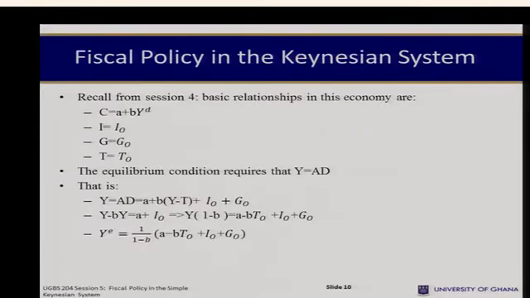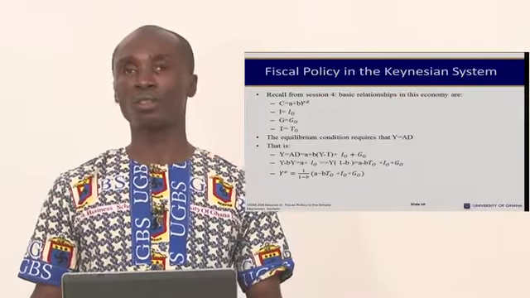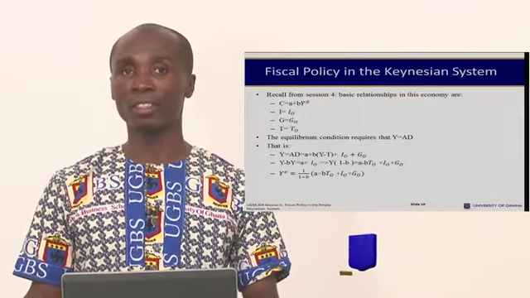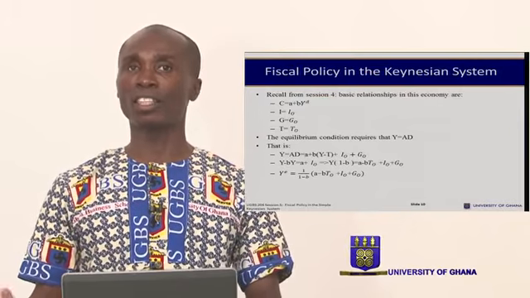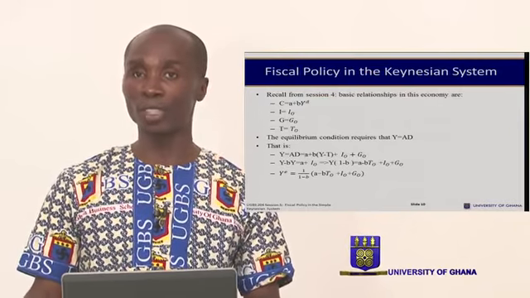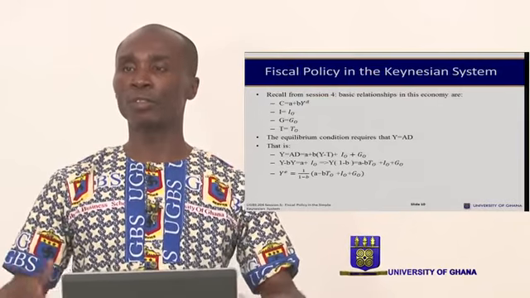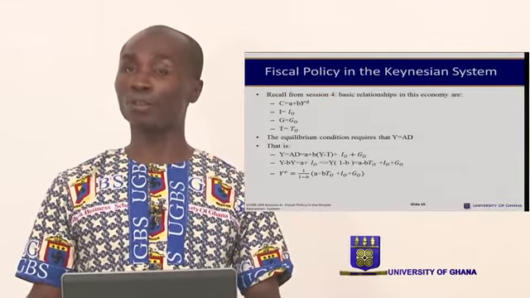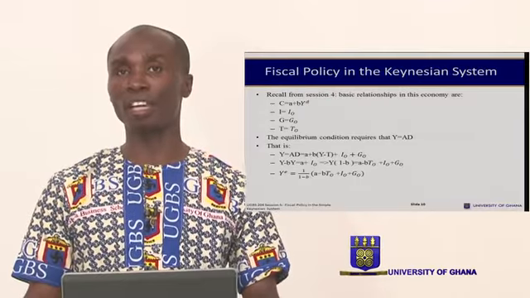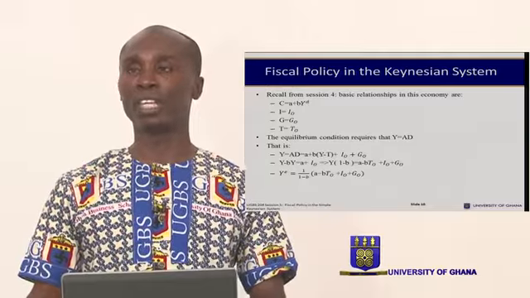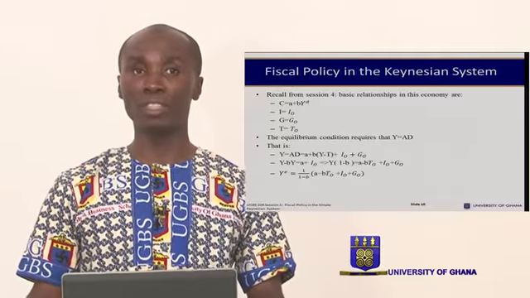And then we saw two scenarios where we assumed that there was no government and there was no external sector. So in that case, aggregate demand was simply consumption and investment. And later on, we relaxed that assumption by allowing there to be government. And we said that when there's government, then it means that government is going to spend. That is the G component.